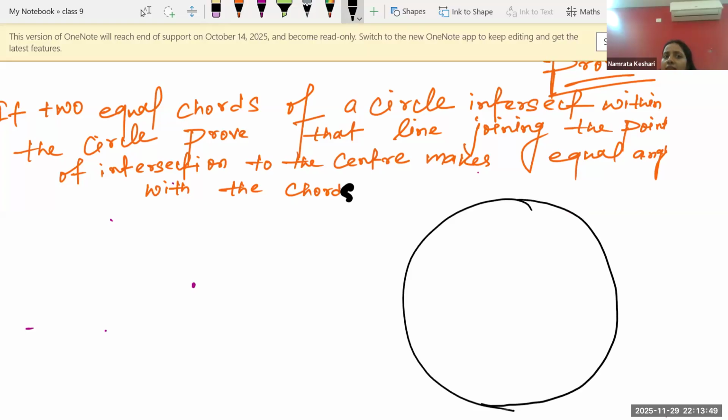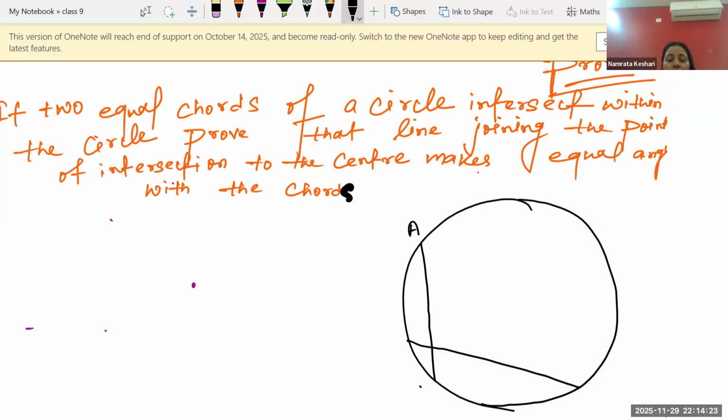They intersect, just like the previous one, within the circle. If meanwhile I feel that my figure is incorrect, I'll quickly rub it out and start properly. But for now, whatever I am getting, I have drawn it.